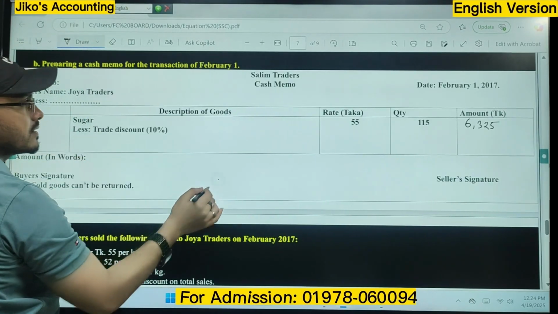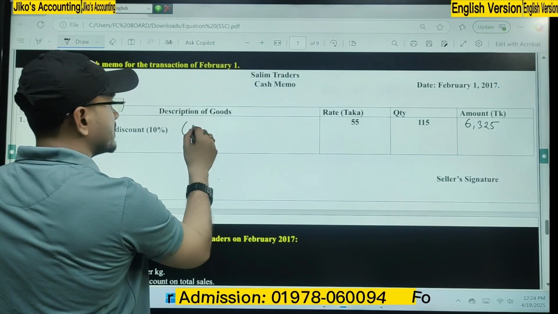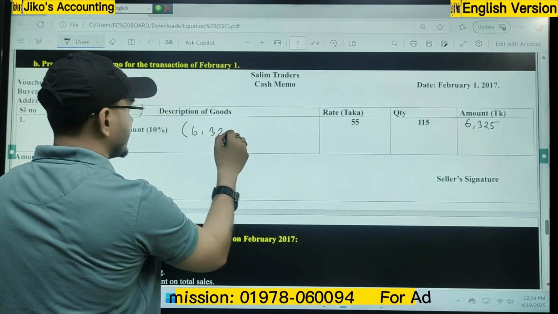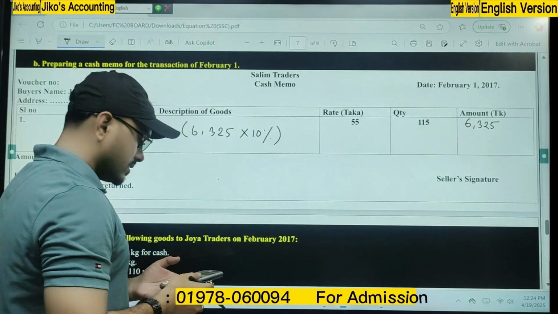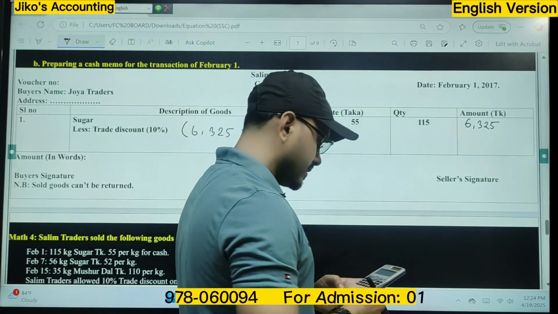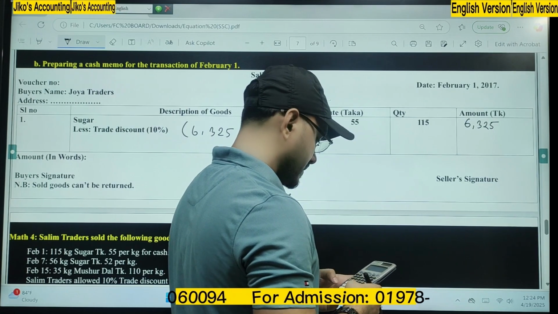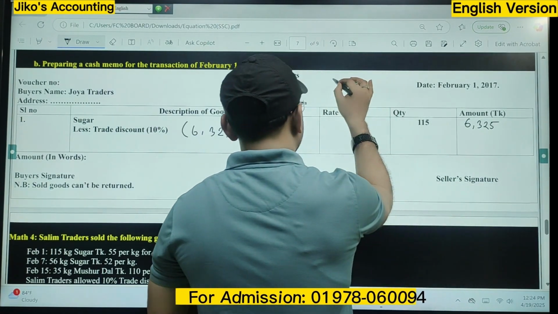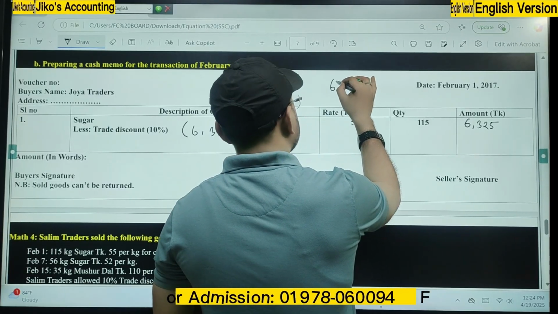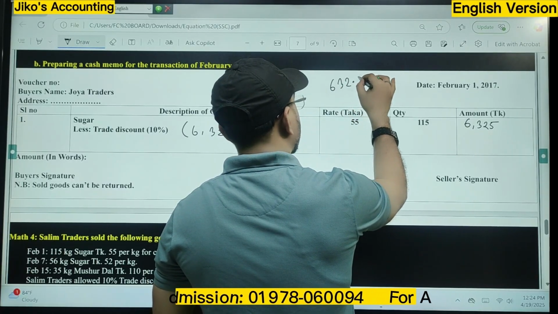Now you can see, sir, 6,325 into 10%. What is our amount here? You can see we are getting exactly 632.5.